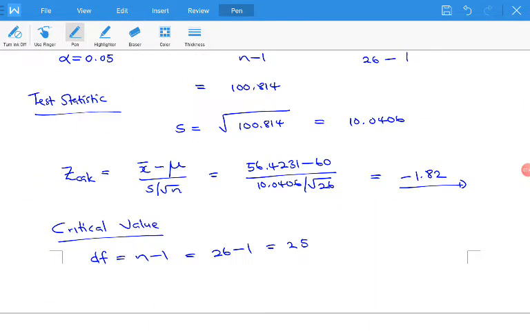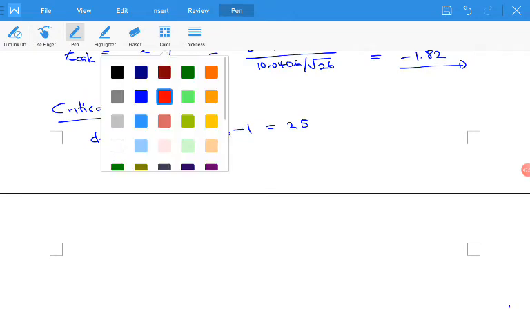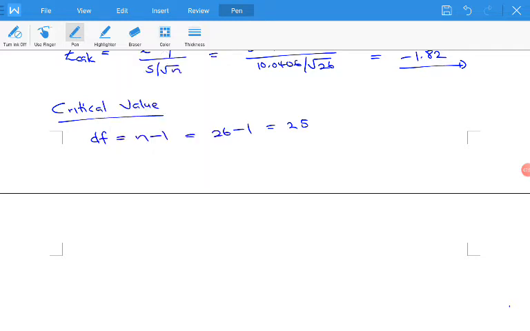So here our critical value is given by t at 25 degrees of freedom, testing at 0.05.